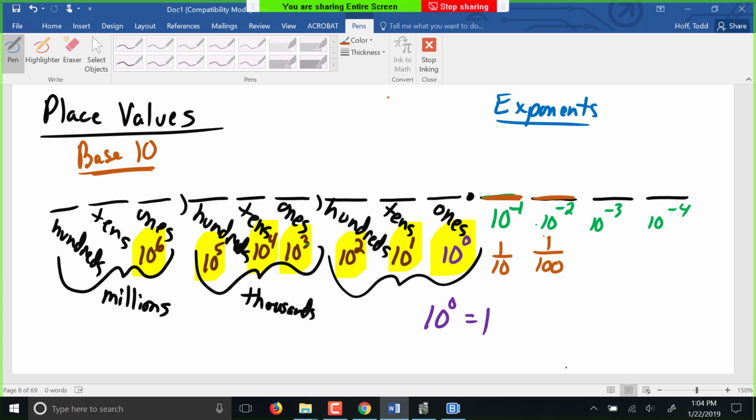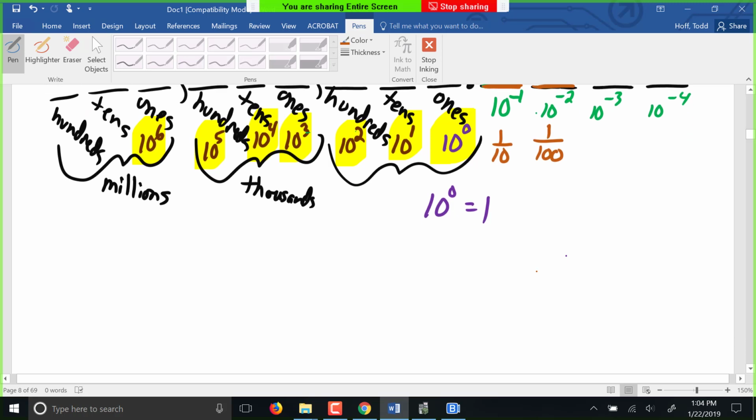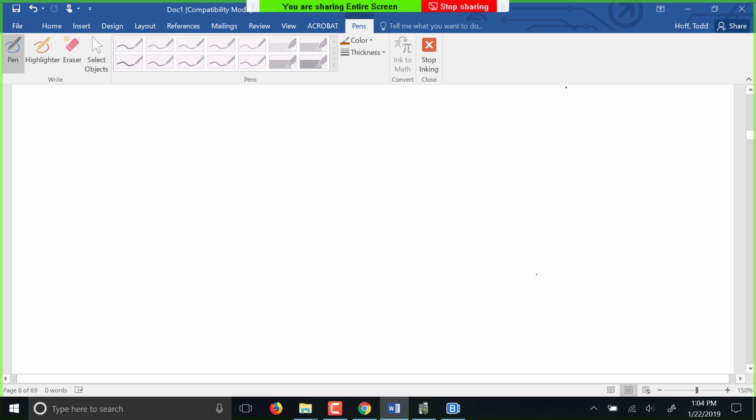As we saw last week, those place values play an important part in our operations. We might have 436 plus 252.